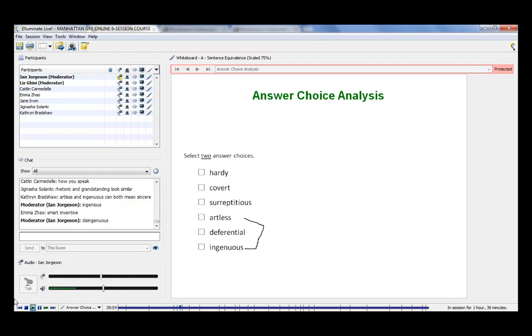But ingenuous is the opposite of that, and it means the same as artless, lacking cleverness, lacking craftiness. Not necessarily dumb, but lacking sneakiness. Someone that is just an open book, candid, right? Okay, good job. Are there any other pairs here?